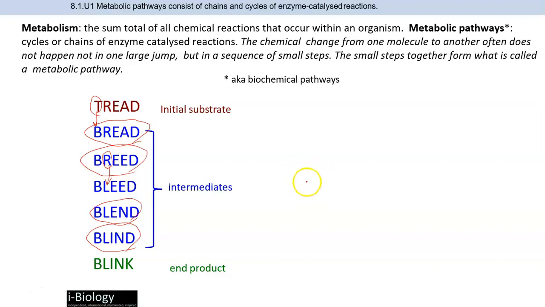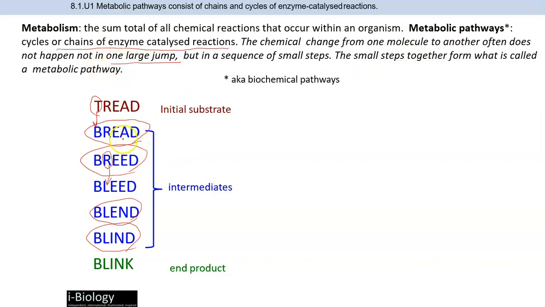Okay, so metabolism: the sum total of all chemical reactions that occur within an organism. And what do we call a metabolic pathway? All the cycles or chains of enzyme catalyzed reactions are called metabolic pathways. The chemical change from one molecule to another often does not happen in one large jump.